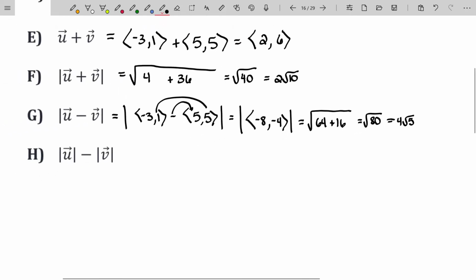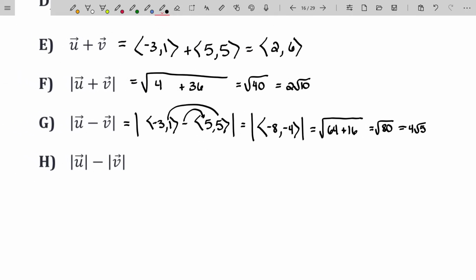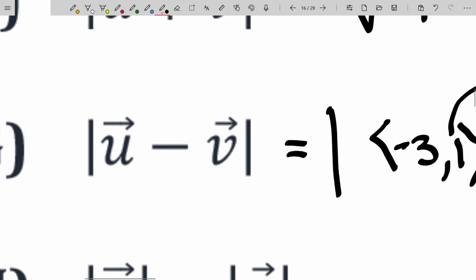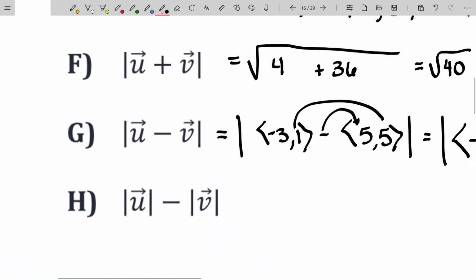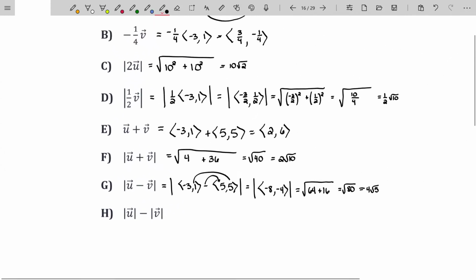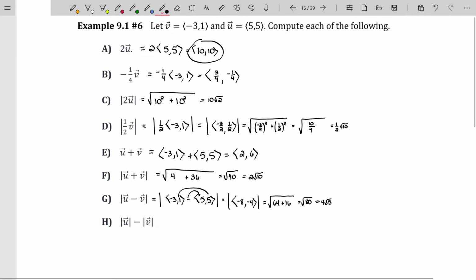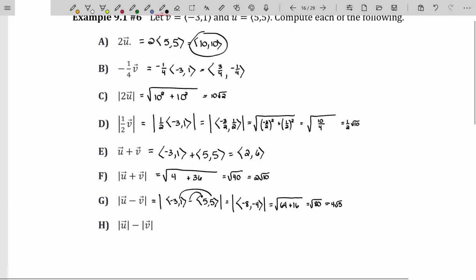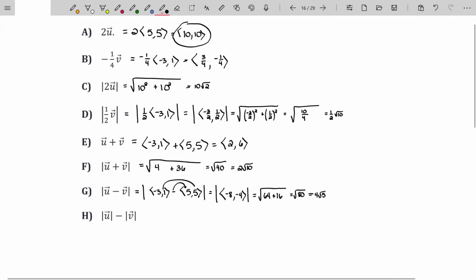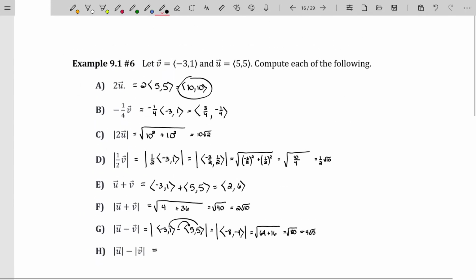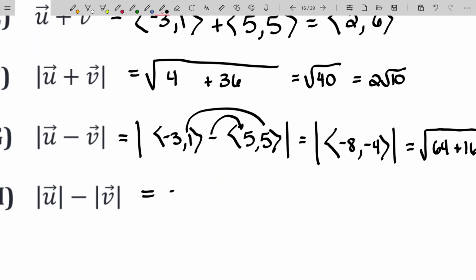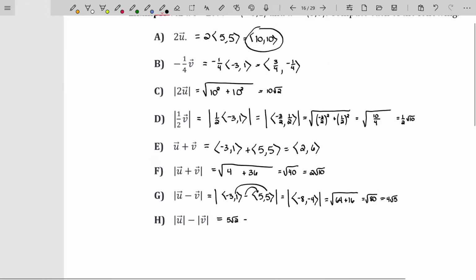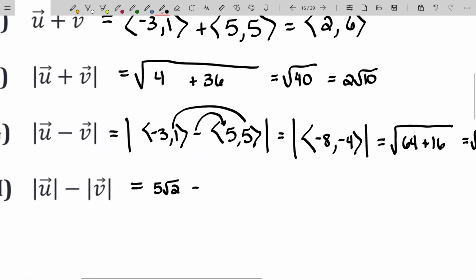Now, why I say this is an important question is because it turns out that magnitudes don't play well with addition or subtraction. The magnitude of u, which we computed earlier, somewhere up here. Oh, I guess we didn't. Oh, well. Oh, we did on a different page. The magnitude of u, when we computed it previously, is 5 root 2 minus the magnitude of v is the square root of 10.